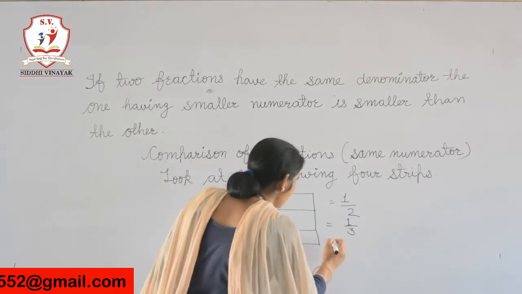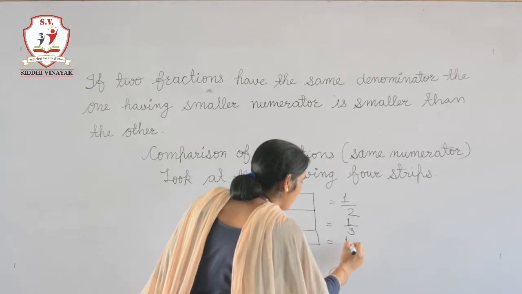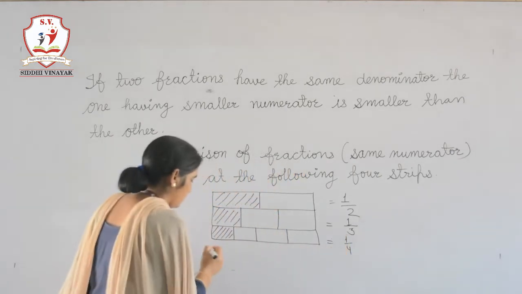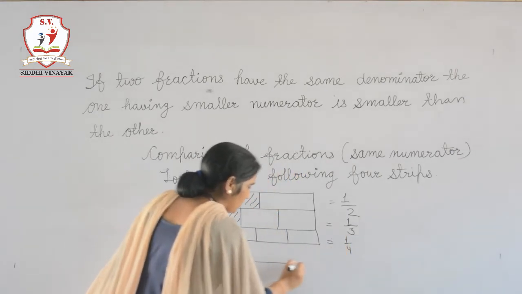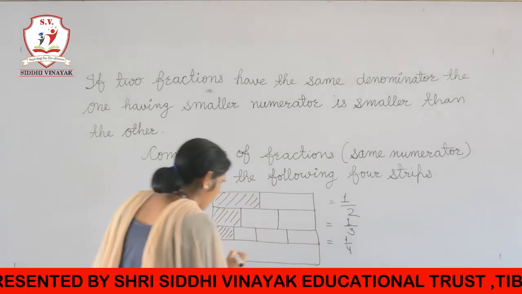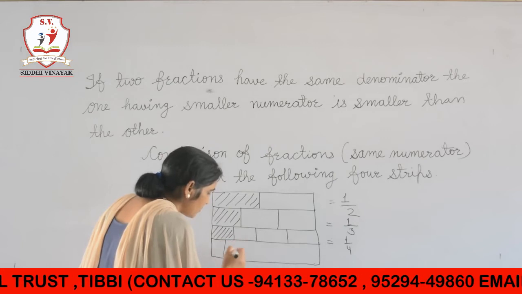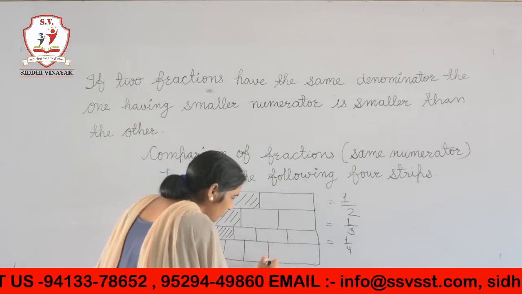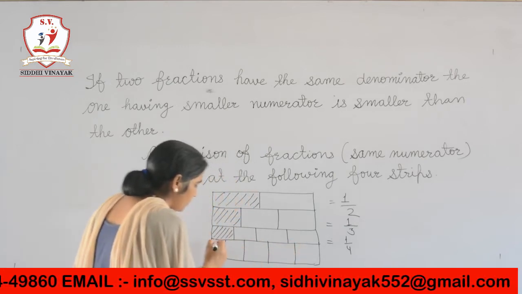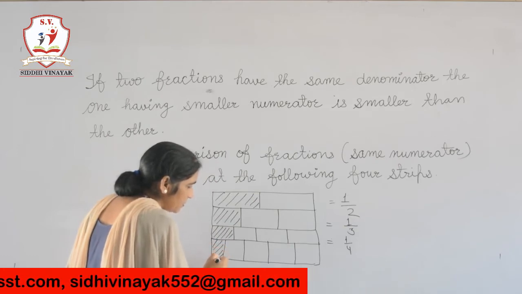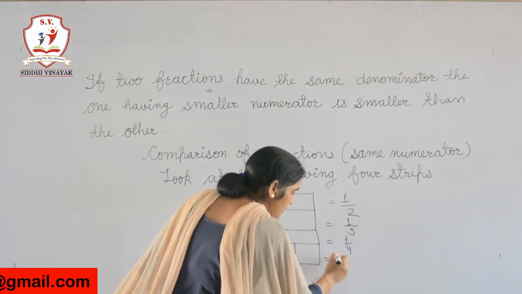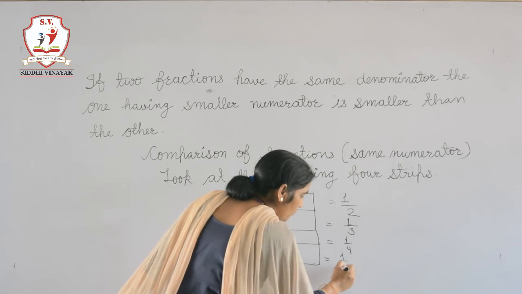We represent as 1 upon 4. We divided into 5 parts. One is shaded part, so we represent as 1 upon 5.